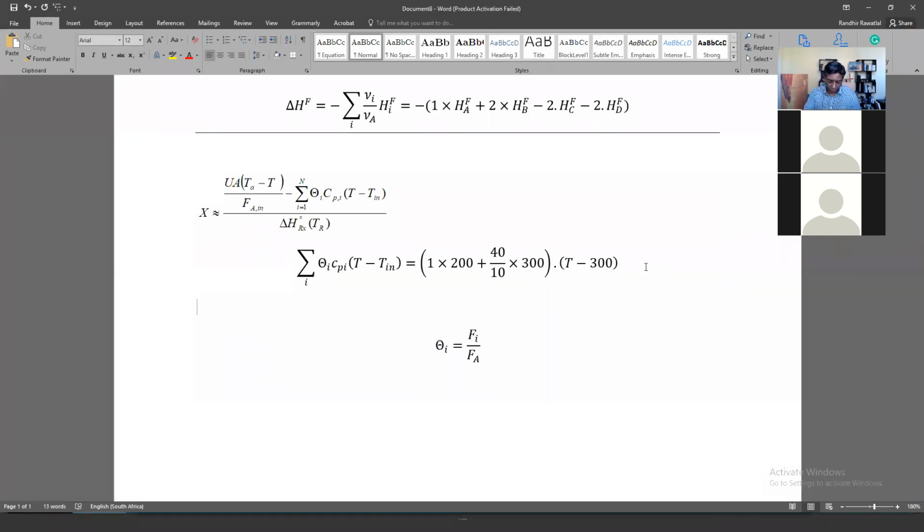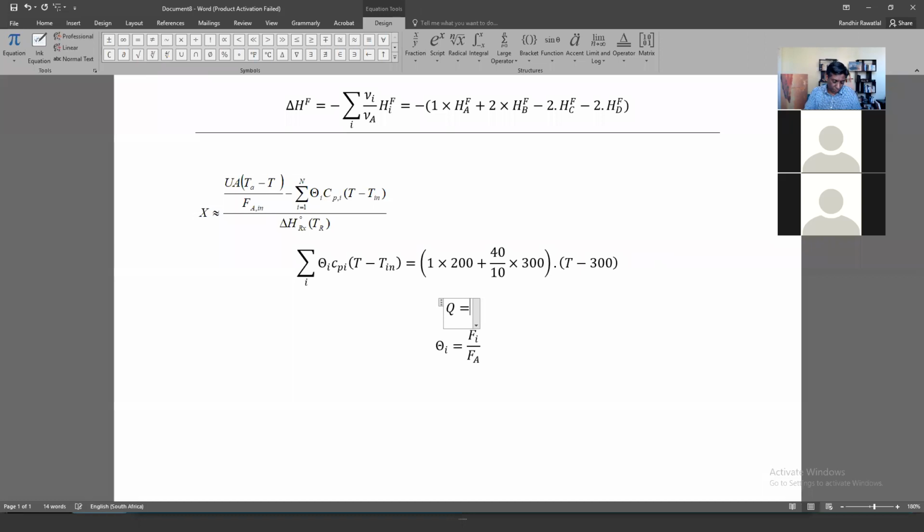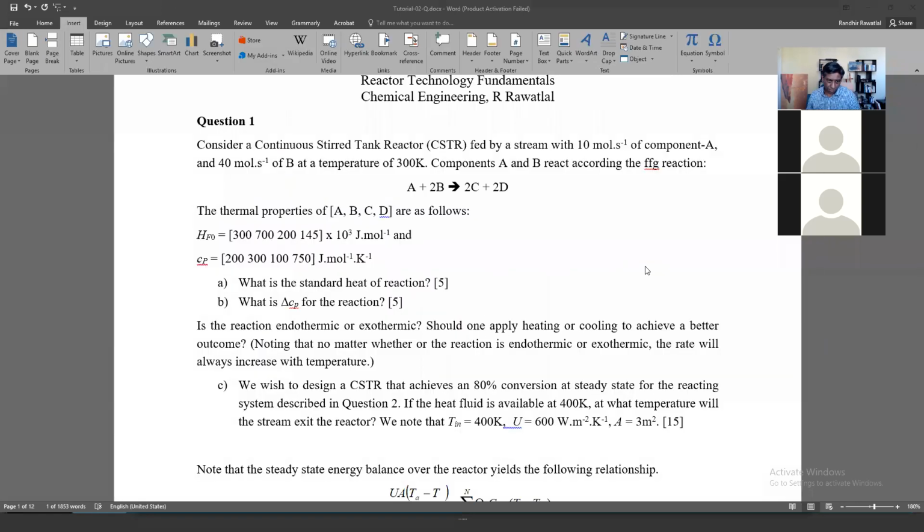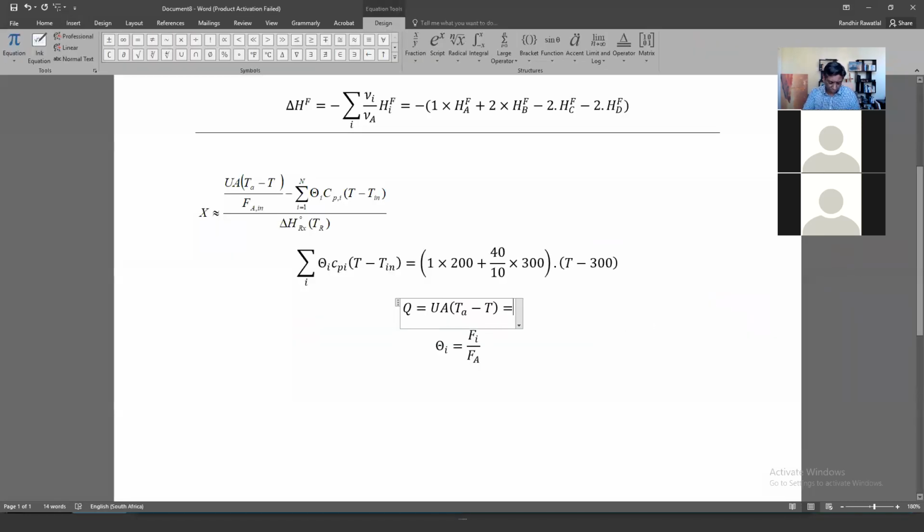And then let's write the other one. So Q equals UA (TA minus T). So we are simply told U is 600 watts per meter squared per Kelvin. So you can see the area influence there quite easily. So that's 600 times, I should say times like that.